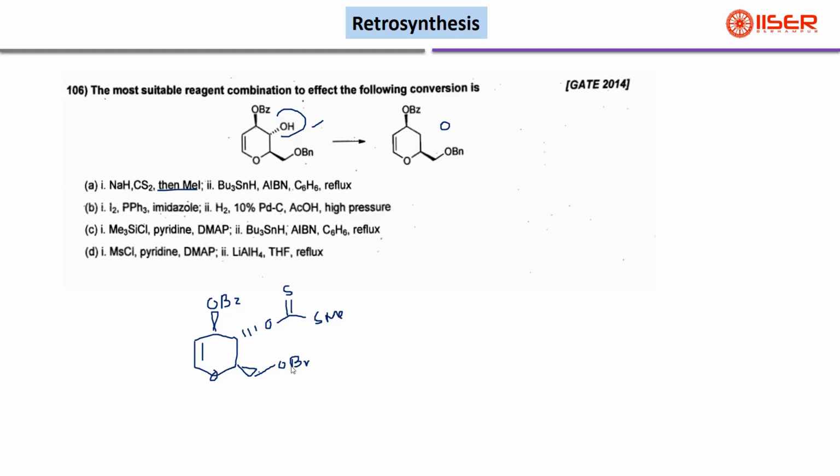Now if you add into this Bu3SnH and AIBN, both of them generate Bu3Sn radical.